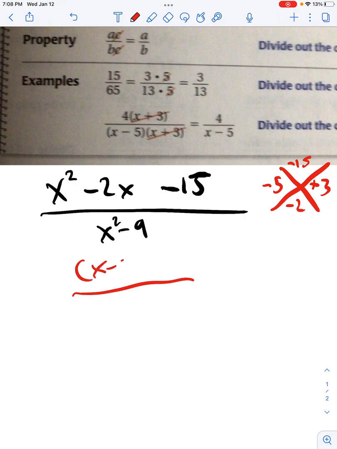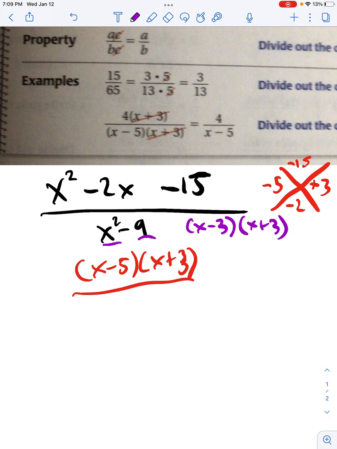So I'm going to rewrite the top as x minus 5 times x plus 3. And then the bottom one, because I know that I have no middle term, I recognize this as one of these examples where the middle term cancels out.